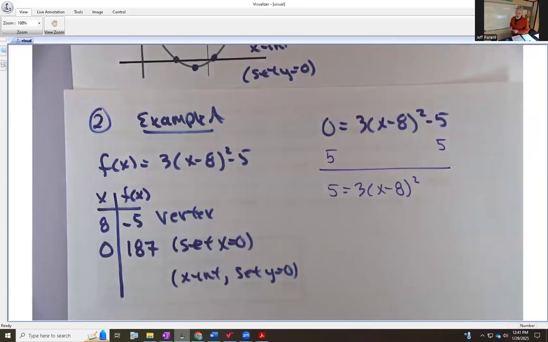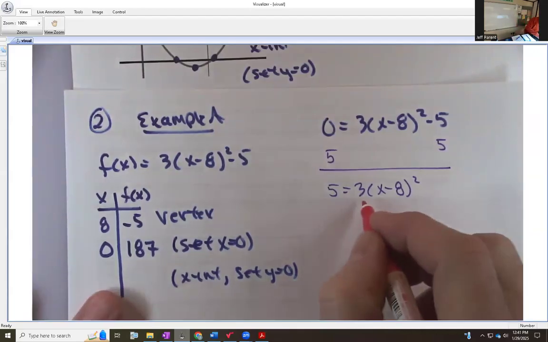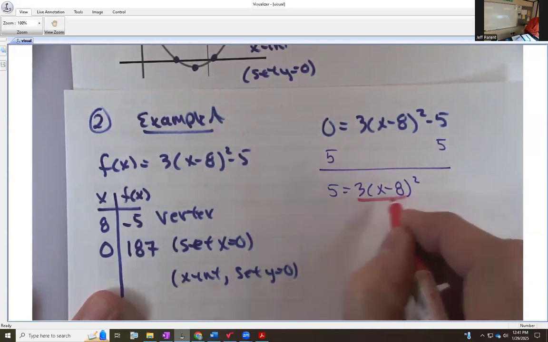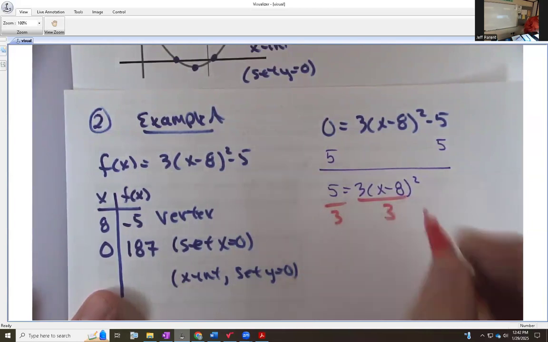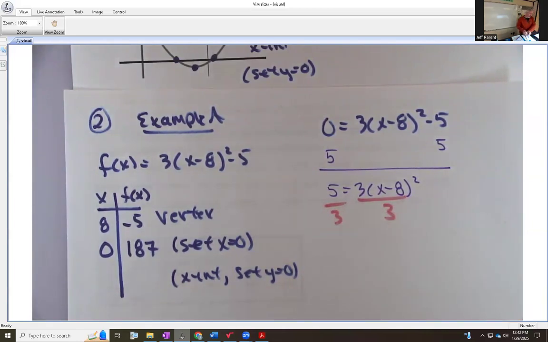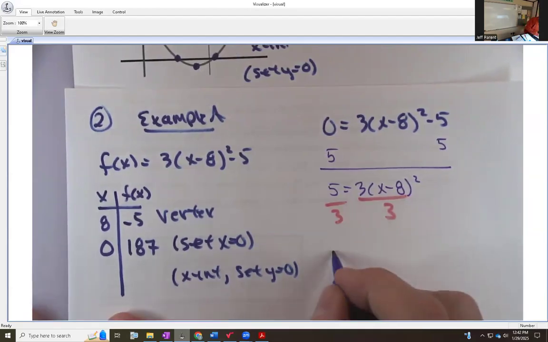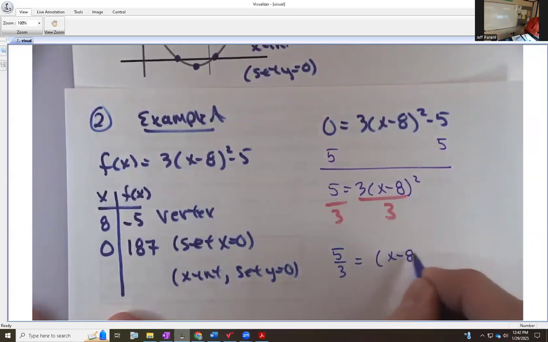What else could I do to try and keep on narrowing things down and solve for x here? Anything? Yeah, divide by 3. And when you look at the left-hand side, you're like, uh-oh, this is not a nice number. That doesn't go in there evenly. So I get 5/3 equals (x minus 8) squared.